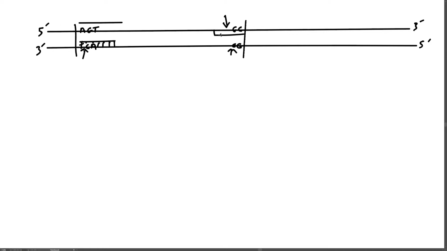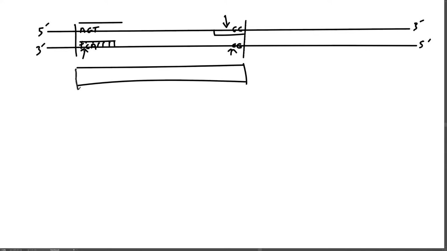And so this PCR primer binds to the top strand, and this PCR primer binds to the bottom strand, and then if you run the PCR reaction, you amplify millions of copies of DNA that are this long from here to here and are identical to this region of this chromosome.